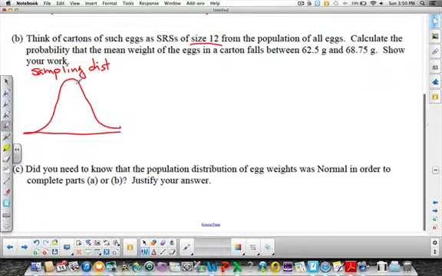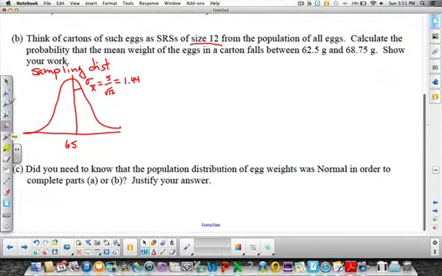So, oh my gosh, there's my normal curve. Not very well drawn. The mean is still 65, but now my standard deviation is going to be 5 divided by the square root of the sample size, or divided by the square root of 12. And that's about 1.44.